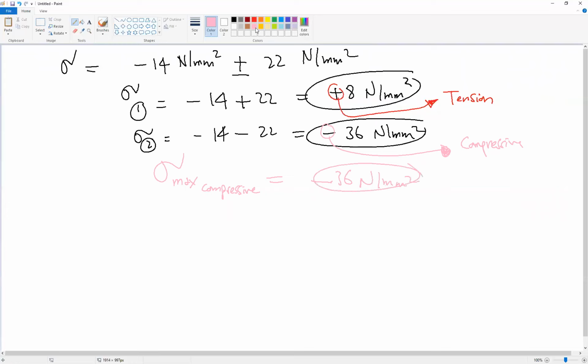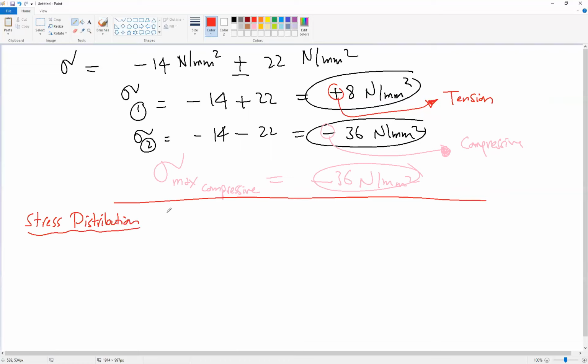Okay? Do you have any problem in this question? If you want to sketch the stress distribution for this example, okay, thank you.